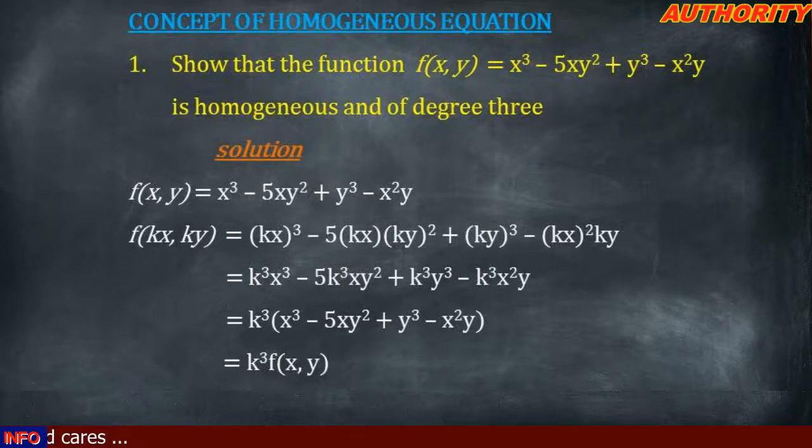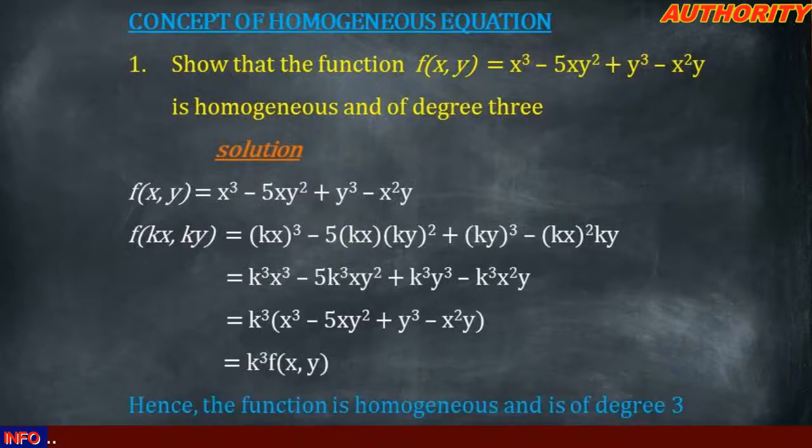So if we succeed in writing k cubed f of x, y, which we did, we say that the function is homogeneous and is of degree 3 because we have k cubed. So in conclusion, we say hence the function is homogeneous and is of degree 3.